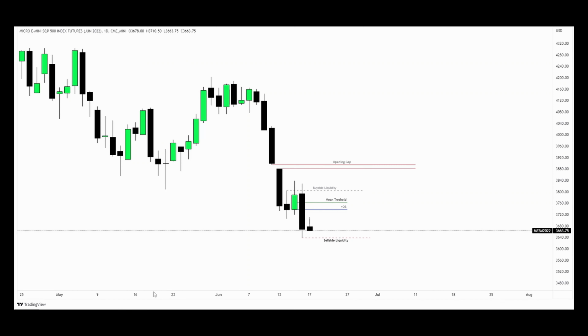Okay, here we are at the market outlook, and you see here this daily chart of the micro E-mini S&P 500. The overall fundamental aspect is bearish. We are trading lower.